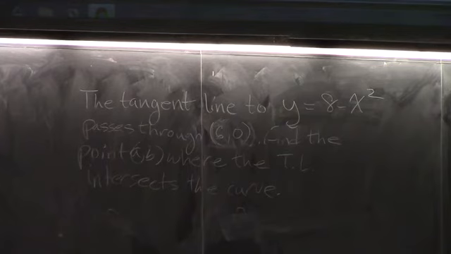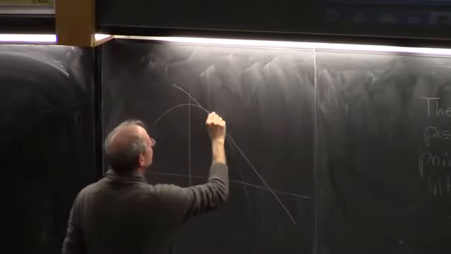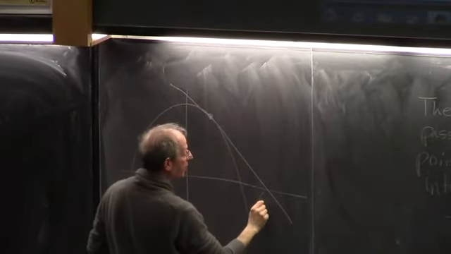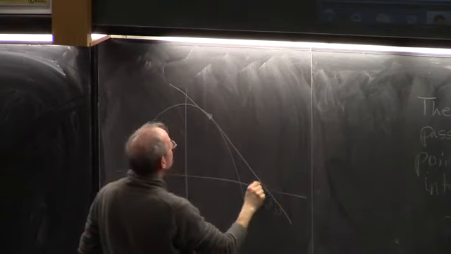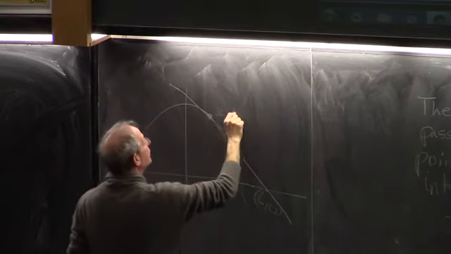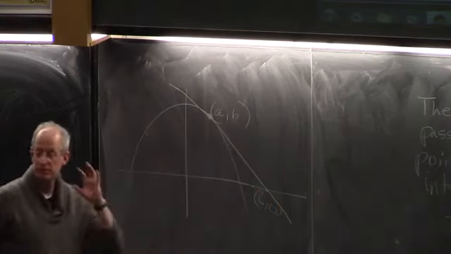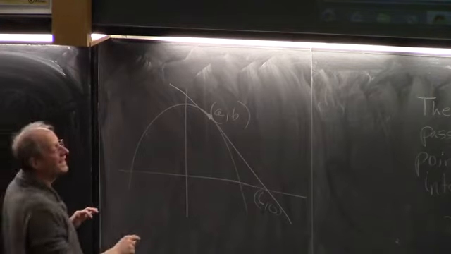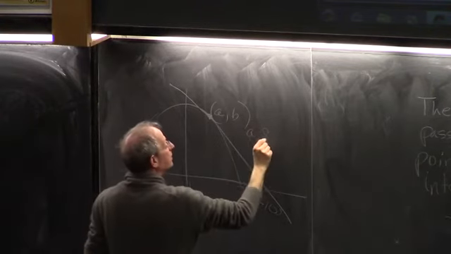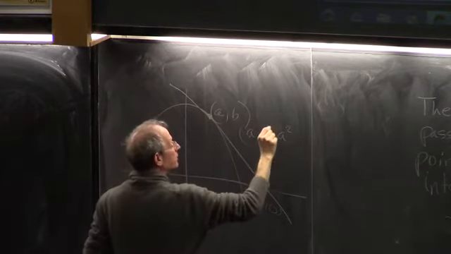This time we have a curve y equals 8 minus x squared, which looks something like that. Tangent line, something like that. And that's our point A comma B, also known as A comma 8 minus A squared.